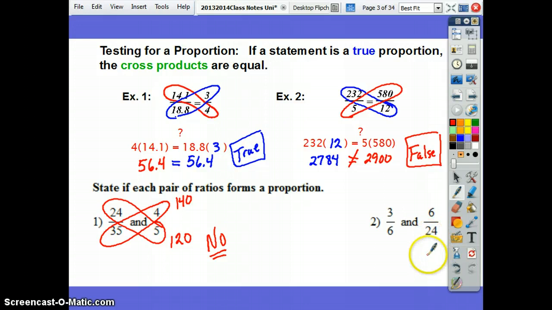No, this is not a true proportion. They're not proportional, because this was 36 and this is 72. 3 times 2 is 6, but 6 times 2 is not 24, it's 12. Next page.